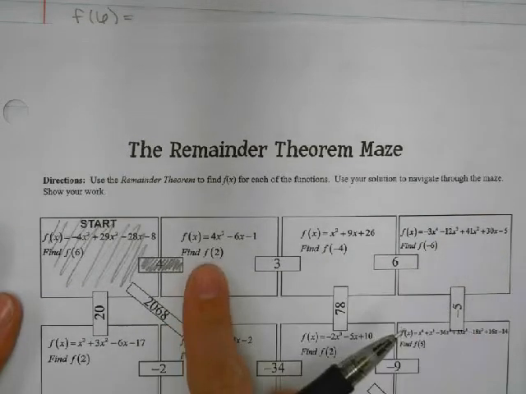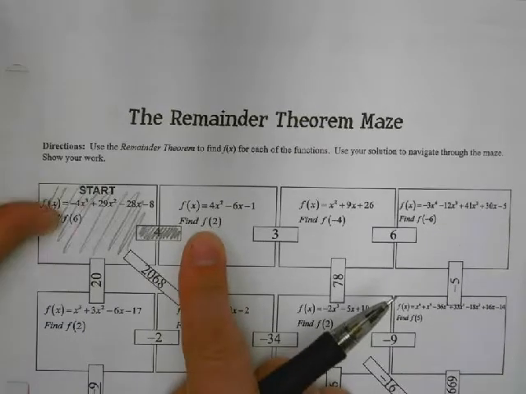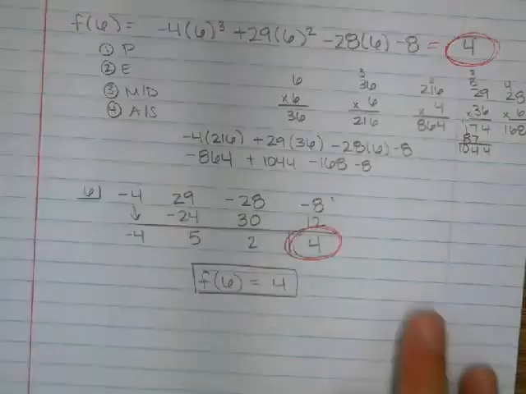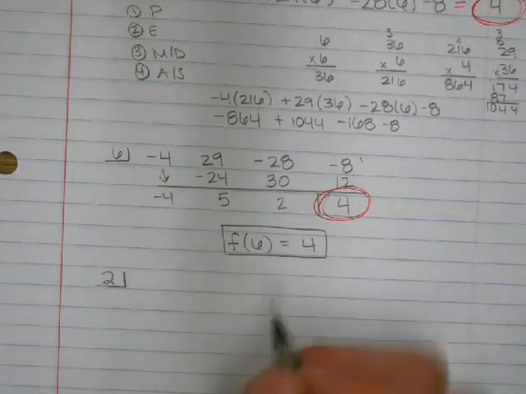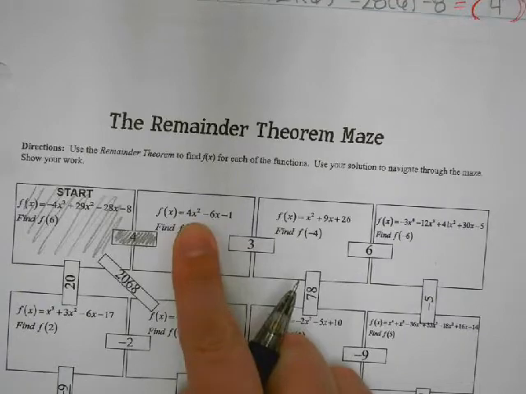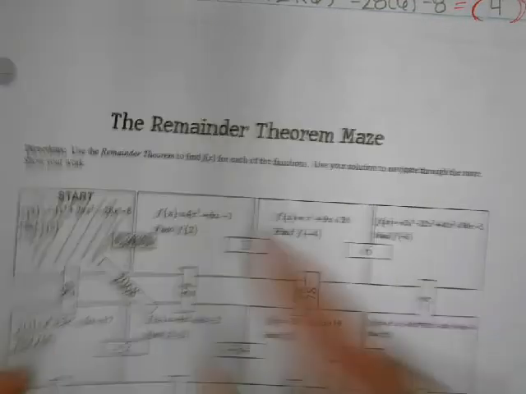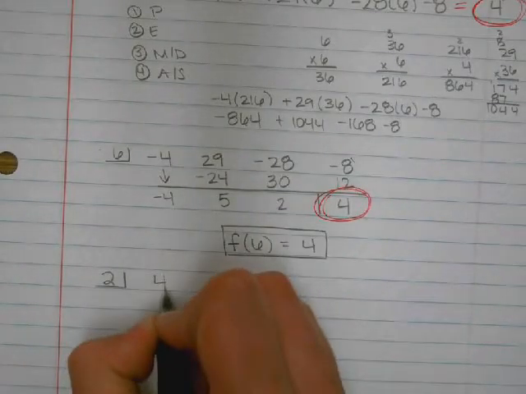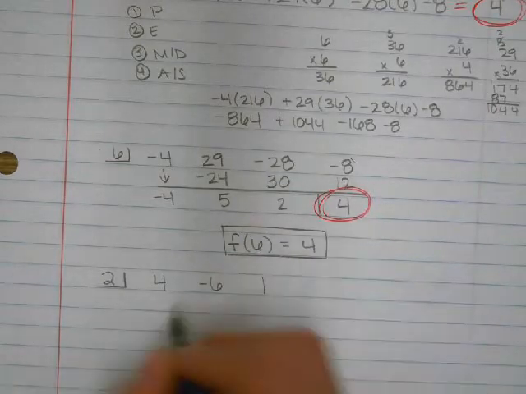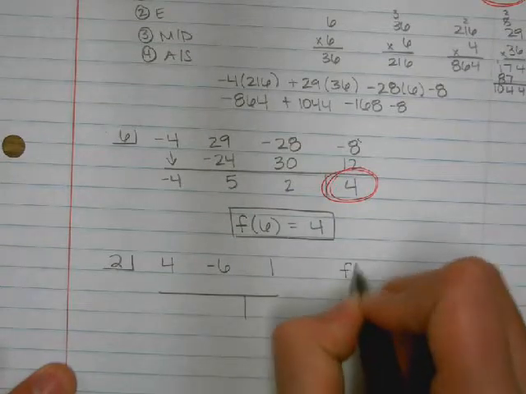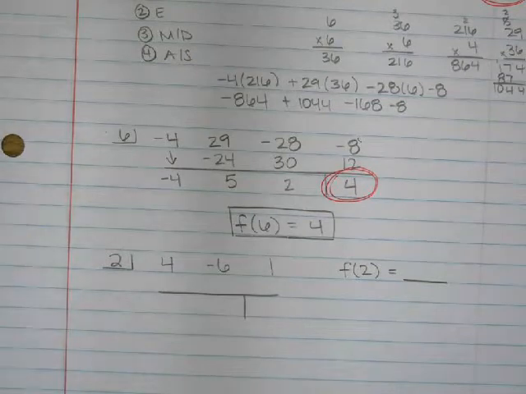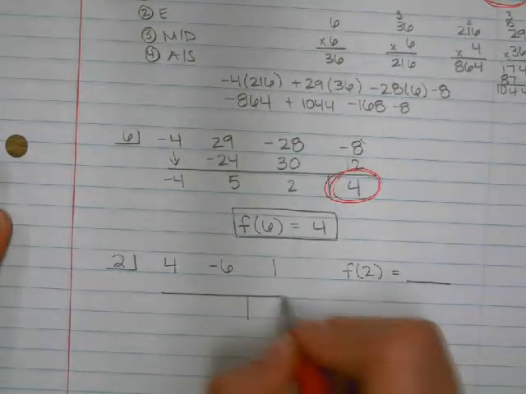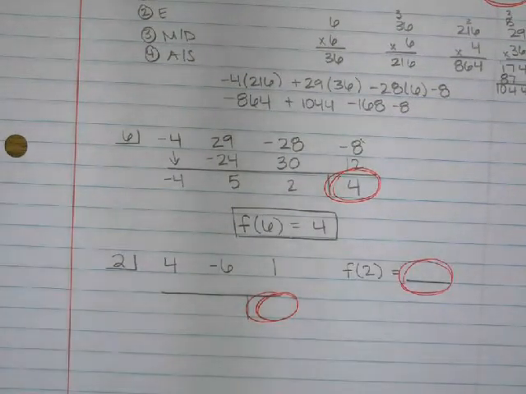And now we can go ahead and try the next problem. The next problem says we are evaluating at 2, and f of x is 4x squared minus 6x minus 1. So we're going to say 4, negative 6, negative 1. And I know that when I plug in 2, the answer I get is this remainder right here, so this and this are going to be the same thing.